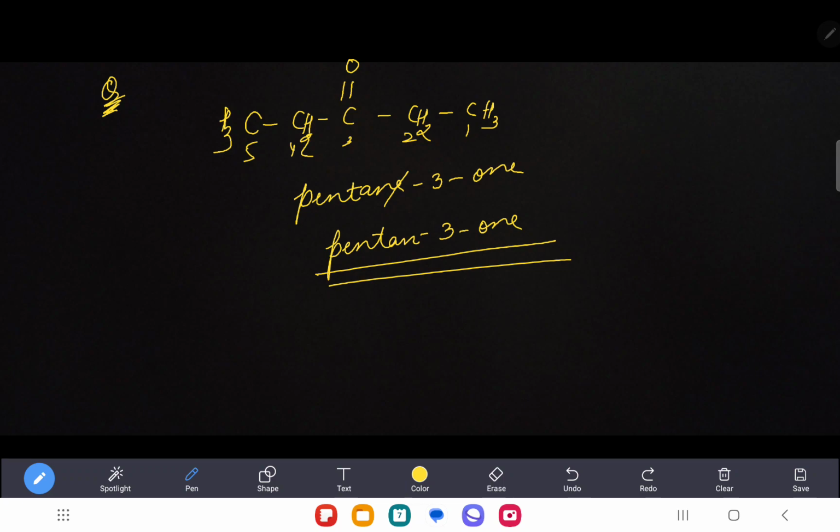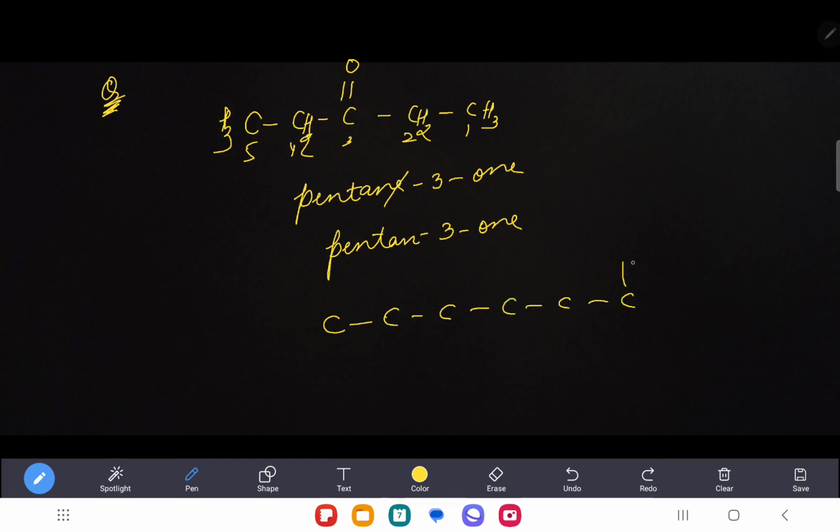Understood or not? Yeah. And now, for example, now this would be the last concept. I can just give you one compound, COOH. Would you be able to name this compound?